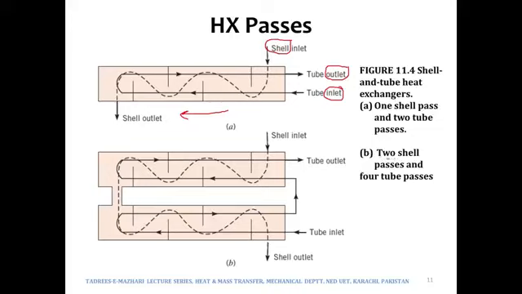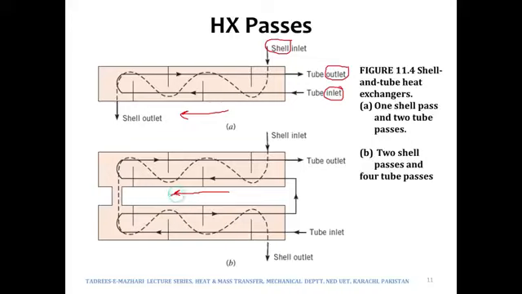The second one says two shell passes. So there may be one shell and there may be two shells, which would make it two shell passes. The fluid on the shell side comes in, it flows in this direction, and then it comes out, and instead of going out, it then enters a second shell.